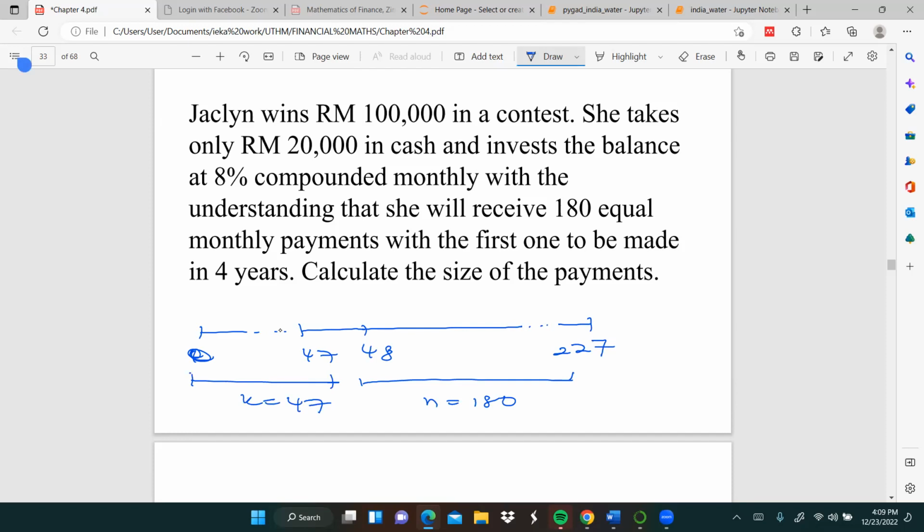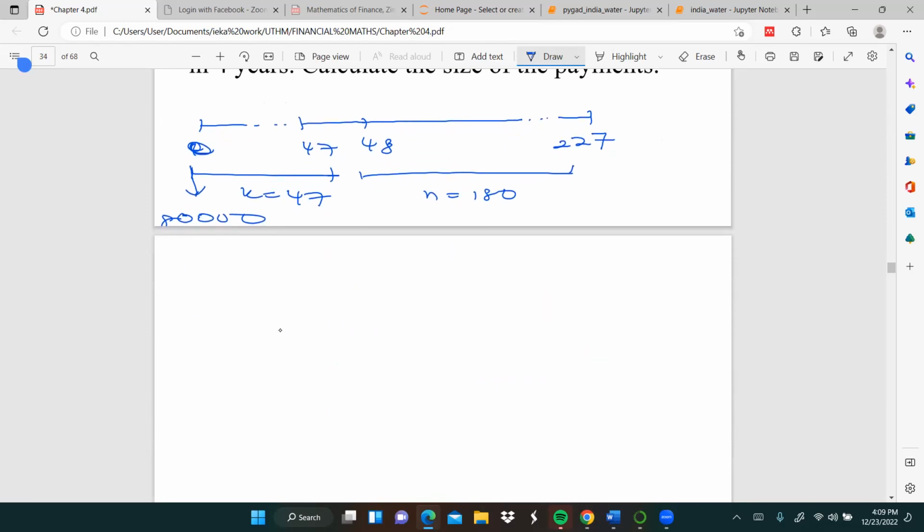Okay, kat sini, kat time 0 ni juga kita punya 80,000. So, the first payment due is 4 times 12, so 48 months.